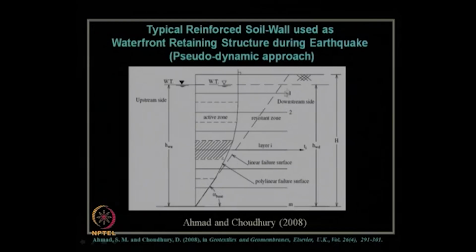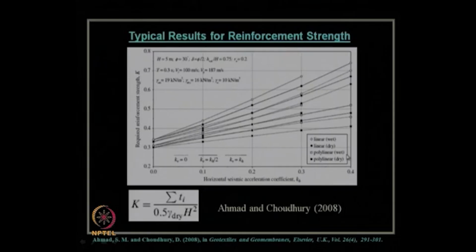This linear failure surface is just for the sake of academic interest, but as we know from experience, mostly at site a polylinear failure surface like this will get formed. So, we have provided the results and compared them for both cases, considering also the hydrodynamic pressure as it acts in the case of waterfront retaining structures using this reinforced soil wall concept.